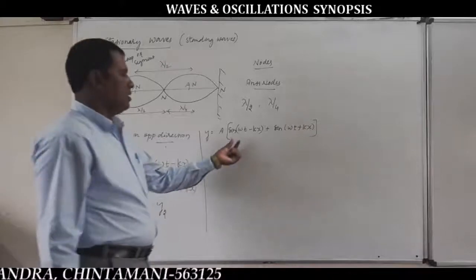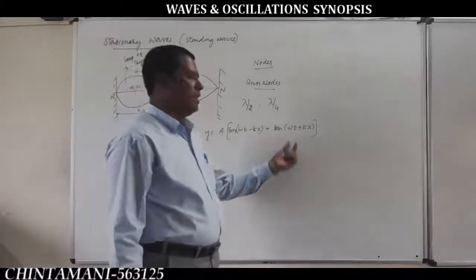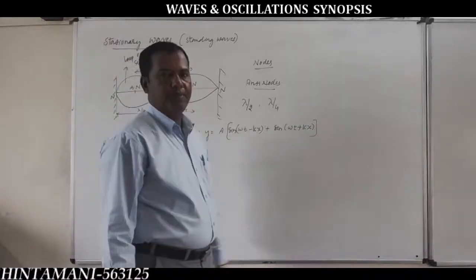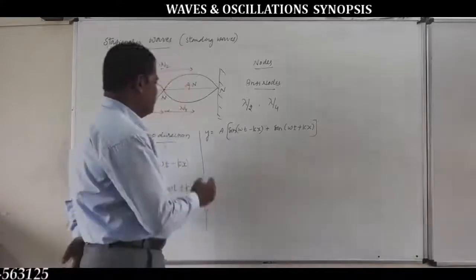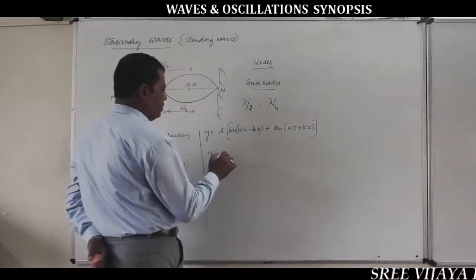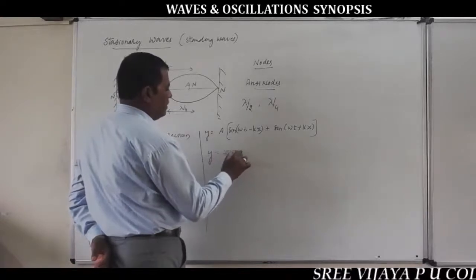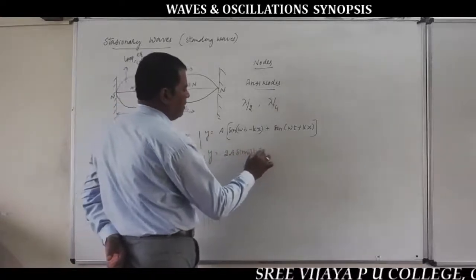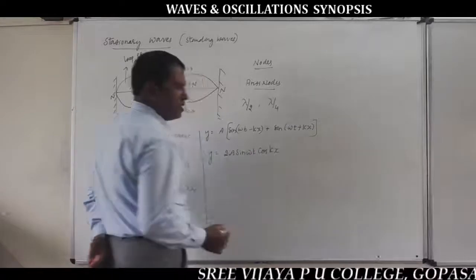This is in the form of sine(A minus B) plus sine(A plus B). By using the trigonometric identity, y is equal to 2a sine omega t cos kx.